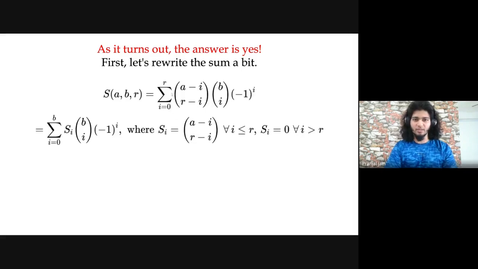Another thing you may notice is that here the upper index is r, and here it is b. So where did I get those extra terms? I have accounted for those extra terms by saying that S sub i is equal to 0 whenever i is greater than r. Any term which is not over here will be 0 anyway, so we can just add it back in. And so you get this expression.